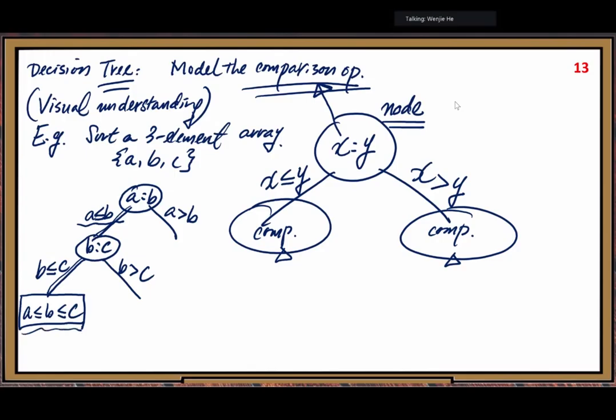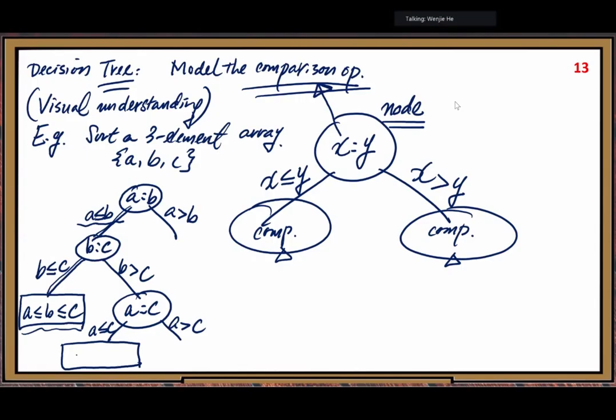For this right branch, because we do not have the result, right? So we need one more comparison. We need to compare A and C and see which one is smaller, which one is larger. Left branch, A less than or equal to C. Right branch, A greater than C. Left branch, we get a sorting result.